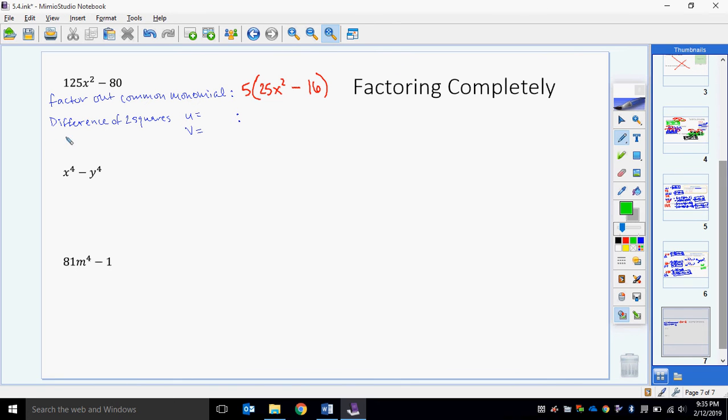The difference of two squares here, because the first one is 5x being squared, and the second one is 4 being squared. Okay, this is our difference of two squares. So our u value, the first thing being squared, is 5x, second thing being squared, our v value, is 4. Now that I have that written down, remember the 5's still out in front, I'm just factoring the difference of two squares. I'm factoring the parentheses part.